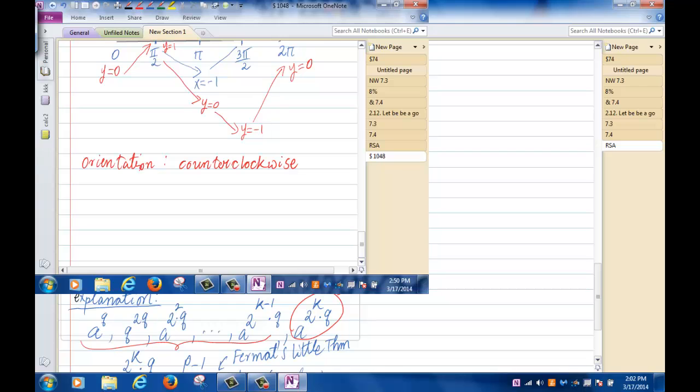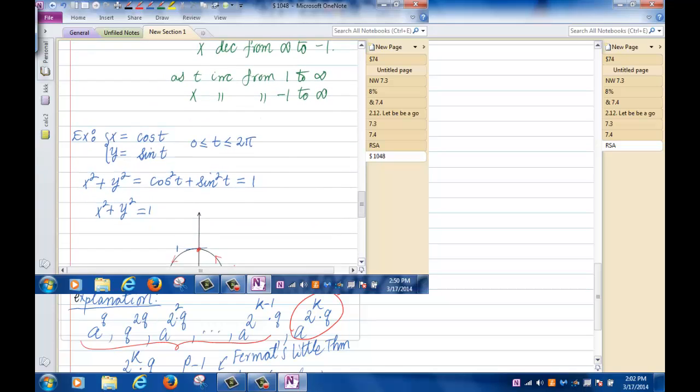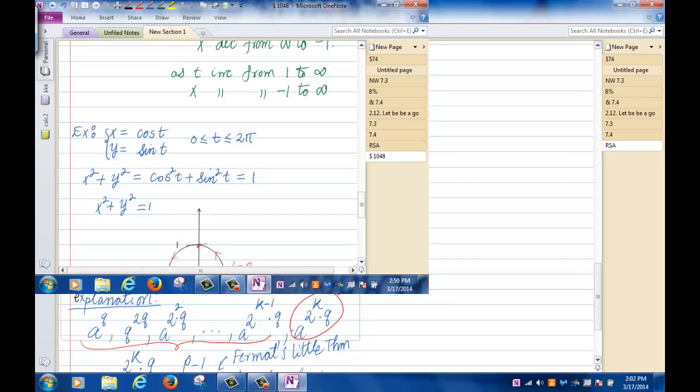Now, before you leave, let me just ask you a quick question. Here's my curve, right? If I replace t here by 2t, what would be the curve? What is the difference?